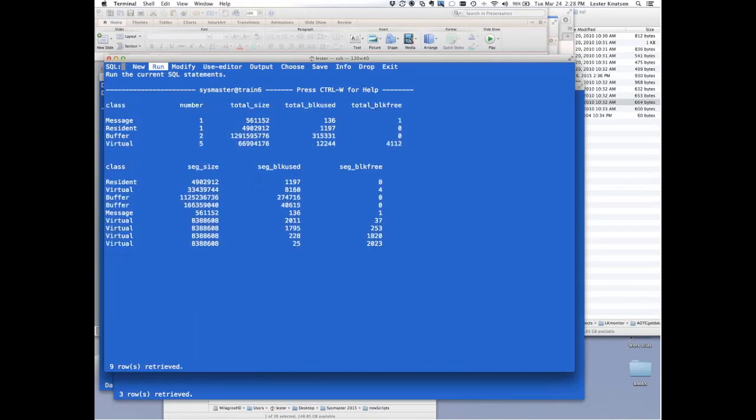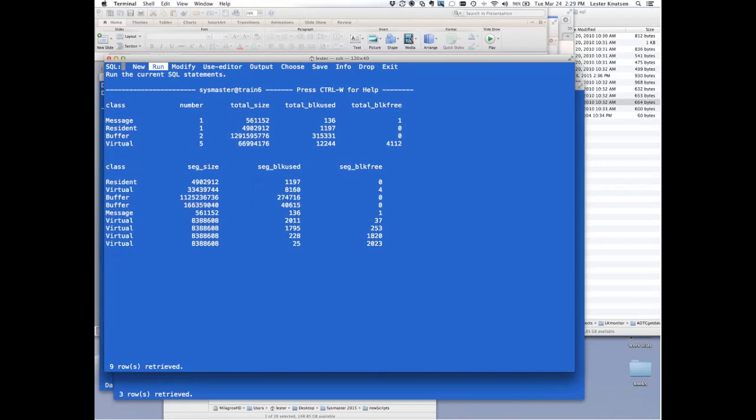It goes out and first does a query and summarizes by the type of segment. So I've got 1 message segment, 1 resident segment, 2 buffer segments, and 5 virtual segments. And it tells me how much memory they're totally using, and then it gives me the detail down here of each of these segments.